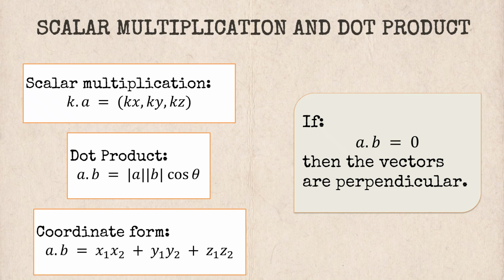The dot product, a scalar value, is A dot B equals |A||B| cos theta. The coordinate form is A dot B equals x1x2 plus y1y2 plus z1z2. If A dot B equals 0, then the vectors are perpendicular.